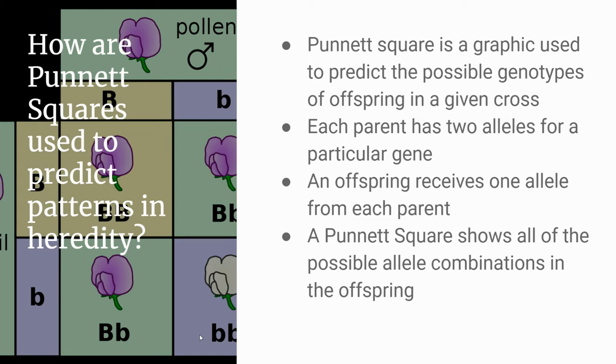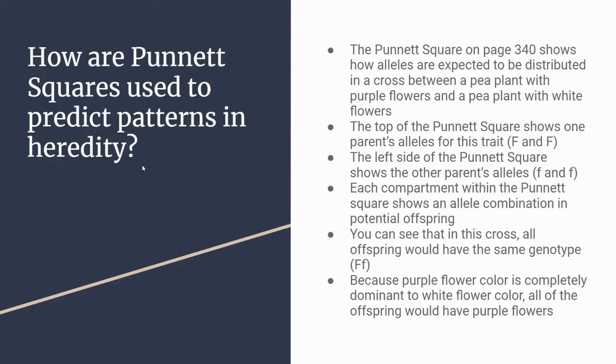Not necessarily. They may have 4 kids and only see this phenotype or whatnot. And so it's just showing you the possible combinations. Okay, possible. Not the ones that are definitely going to occur.